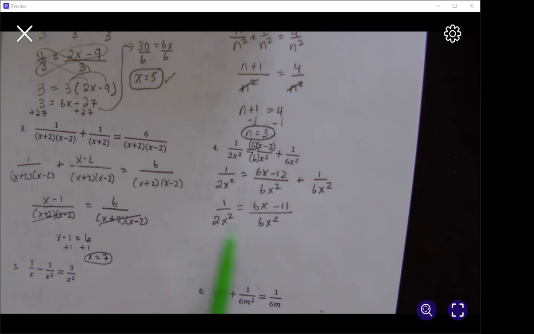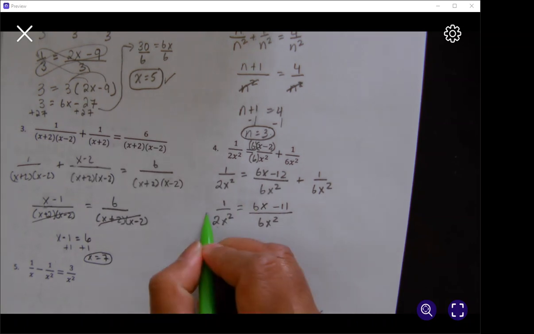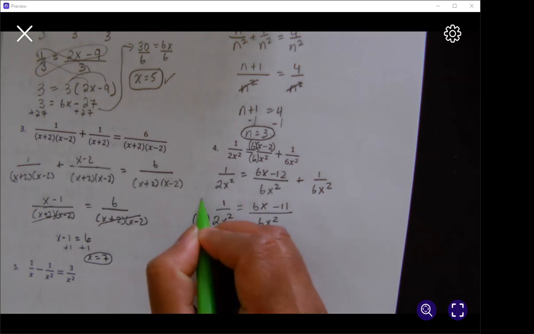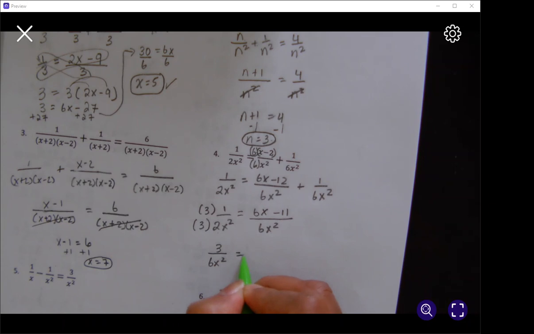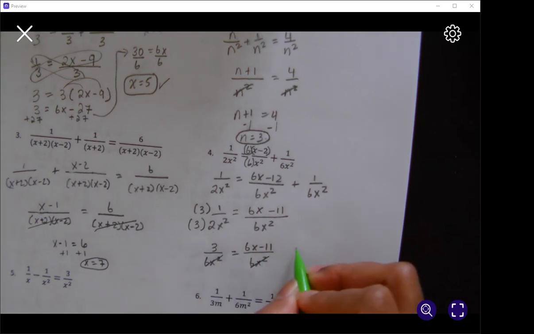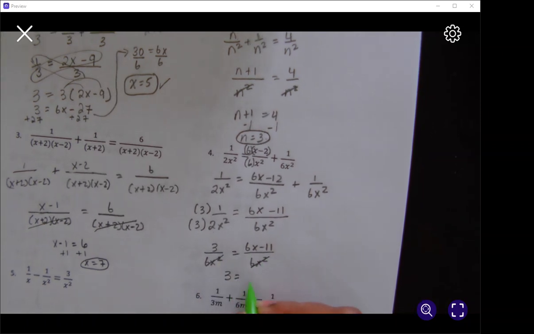Either you can make this look like this, so for example, you can multiply this by 3, so then you would have 3 over 6x squared equals 6x minus 11 over 6x squared. Now I can cross these out and put the numerators equal to each other: 3 equals 6x minus 11.